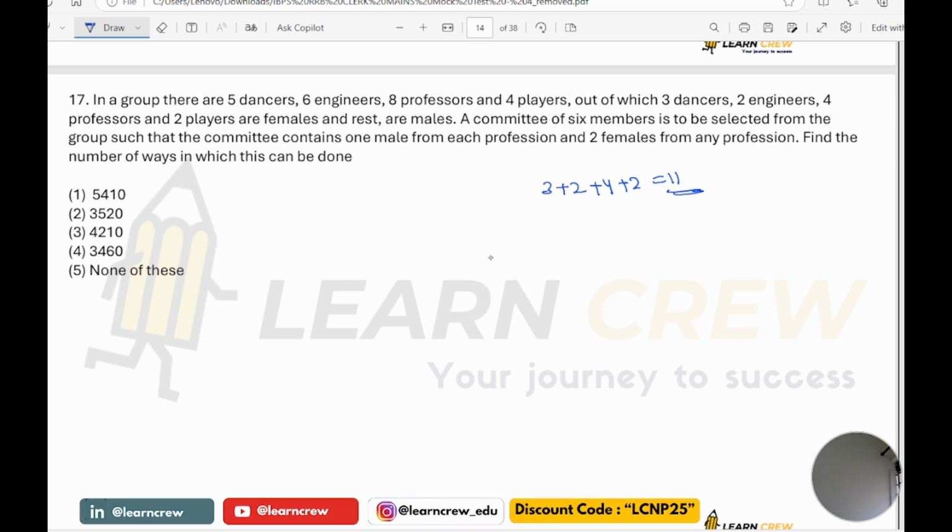So here you have to select from each profession. A committee of 6 members has to be selected such that it contains 1 male from each profession and 2 females from each profession. So it is nothing but 2C1 into 4C1 into 4C1 into 2C1 into 11C2.